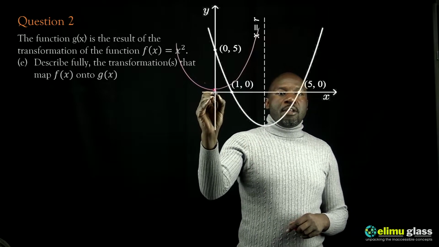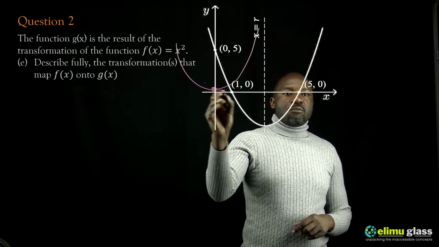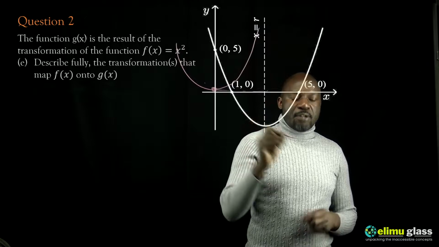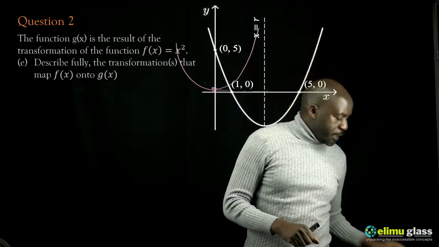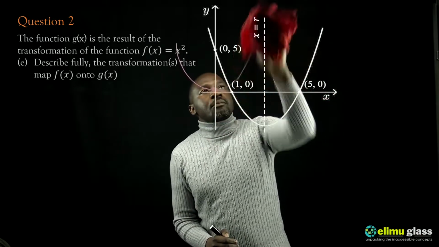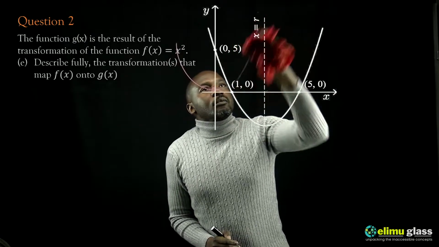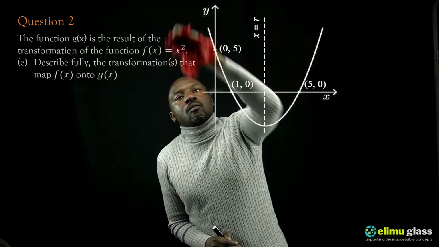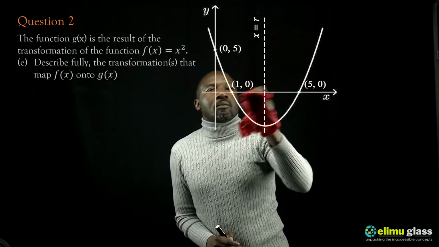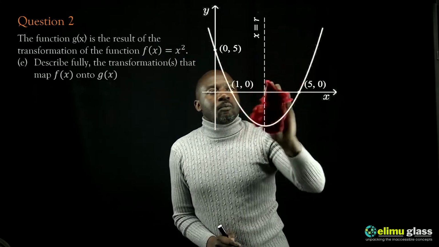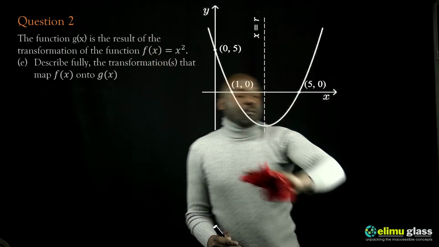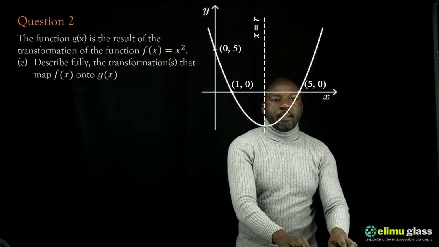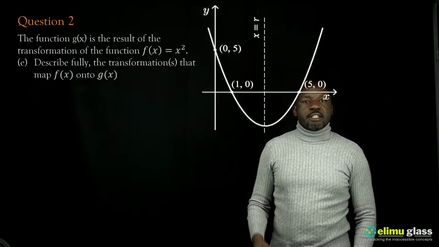So the original vertex has moved this way and then down to that point. So what is that transformation?